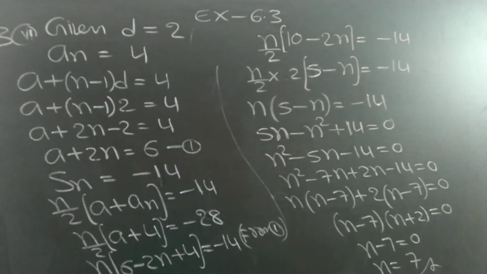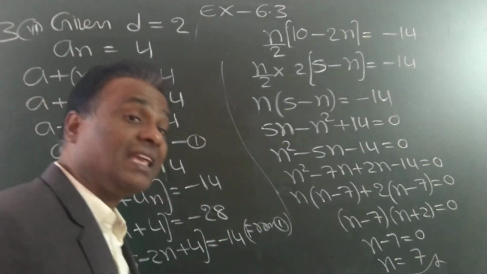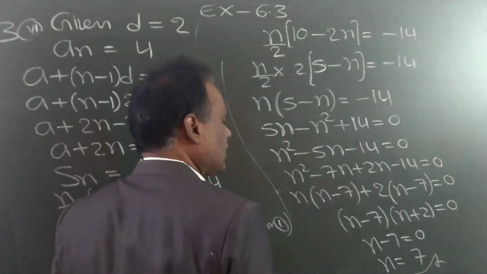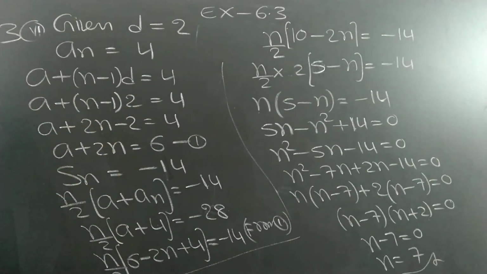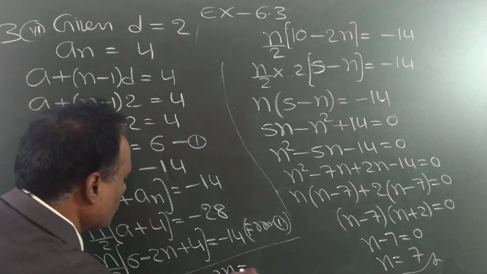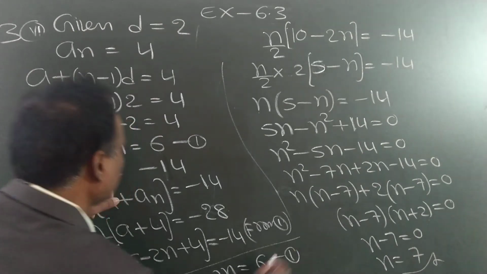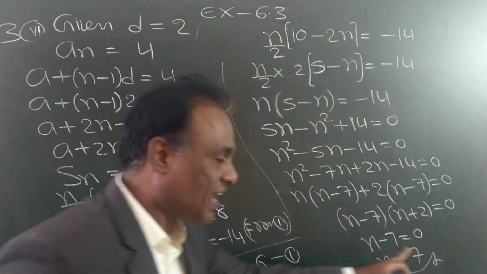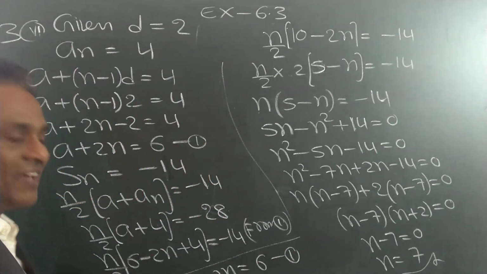Students, what is the question? Find n and a. So n is equal to 7 is done, and to find the a value, take this equation. See here, a plus 2n is equal to 6 is the first equation. In this, we just got the n value. Substitute here and you will get the a value.